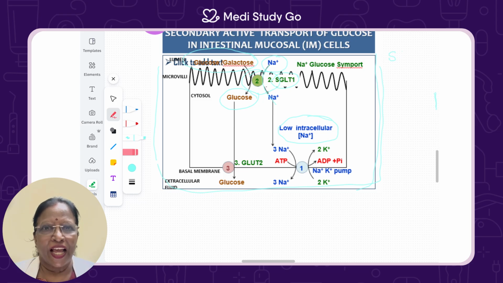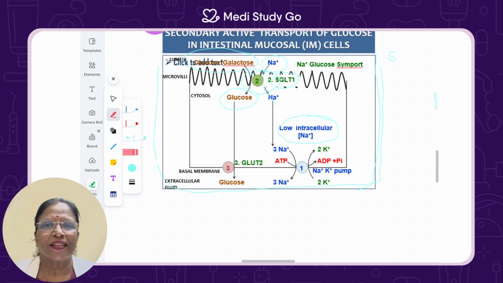Now here, energy is required for the sodium-potassium pump. But because of this, sodium concentrations are maintained low, and the sodium glucose symport is capable of bringing sodium and glucose into the cell. So indirectly, the transport of glucose needs the ATP hydrolysis by the sodium-potassium pump.